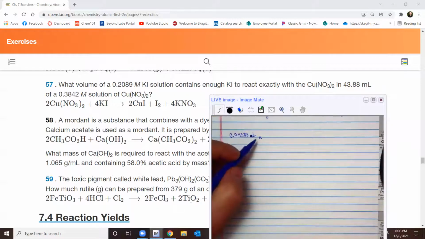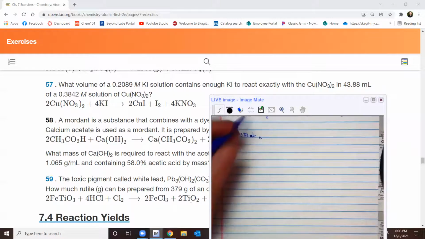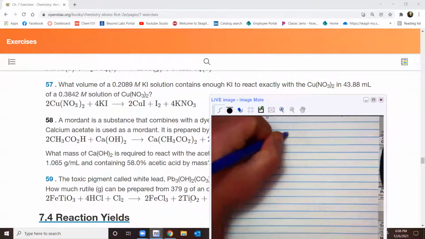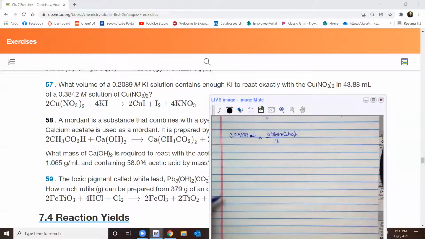Remember, we can use the concentration of that solution as a conversion factor to convert from liters into moles. So this particular solution of copper 2 nitrate has 0.3842 moles of CuNO3 per every 1 liter of solution. That's what that concentration tells us.